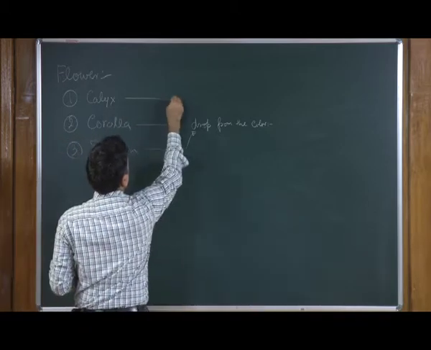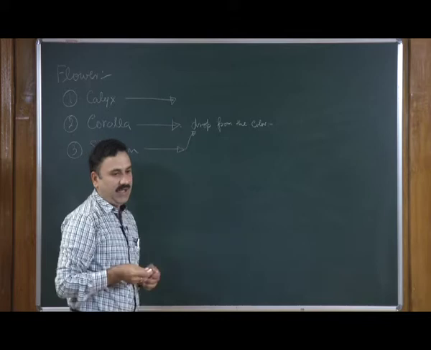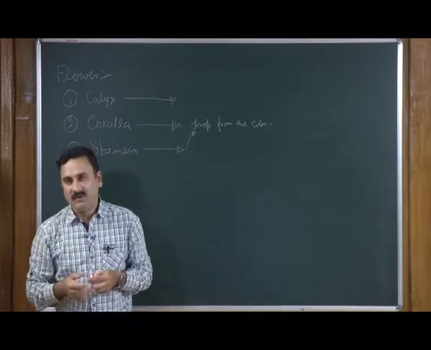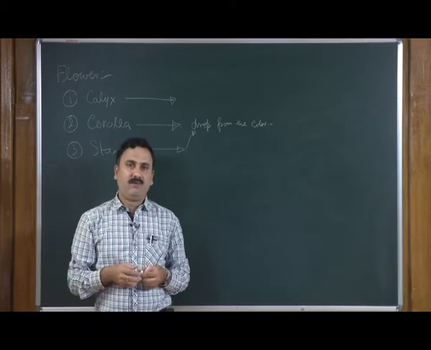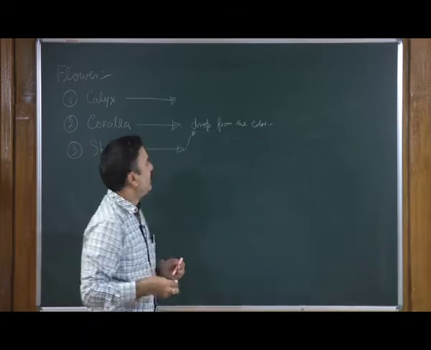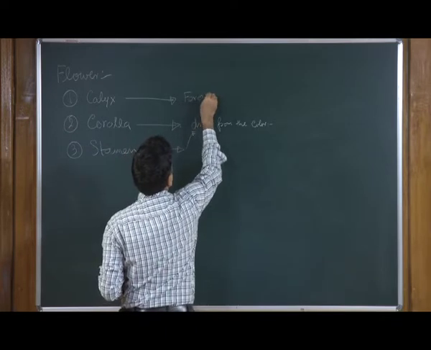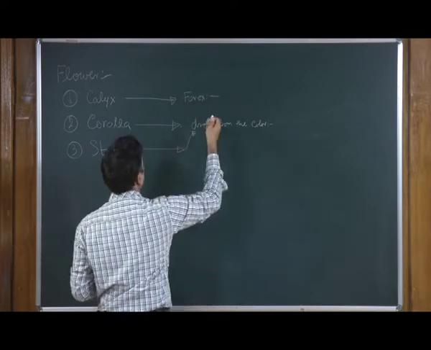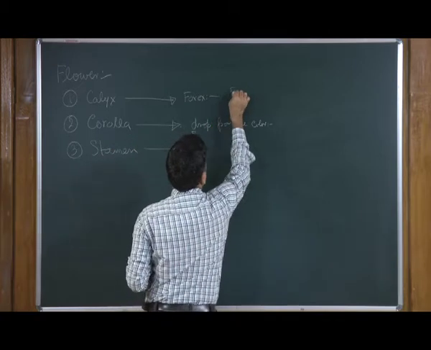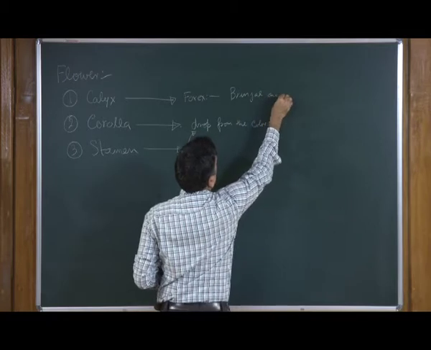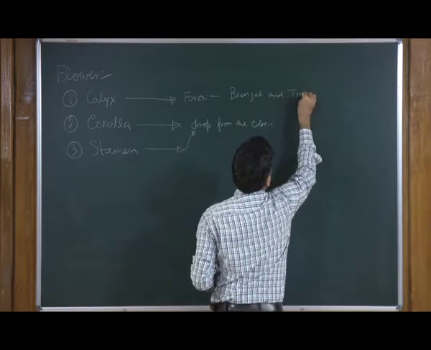In some cases, the calyx remains attached with the developing flower, for example in brinjal and tomato.